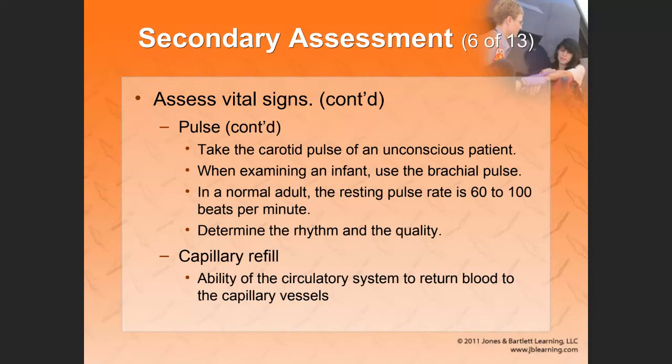Determine the rhythm and quality. So you want to know if the pulse is fast or slow. Is it normal or within normal range? Is it consistent? Is it weak or strong? And note the side that you obtain the rate on. So if you got the rate on the right radial pulse, put that in your report. Pulse rate was obtained via the right radial pulse. And note the time that you complete your vital signs.